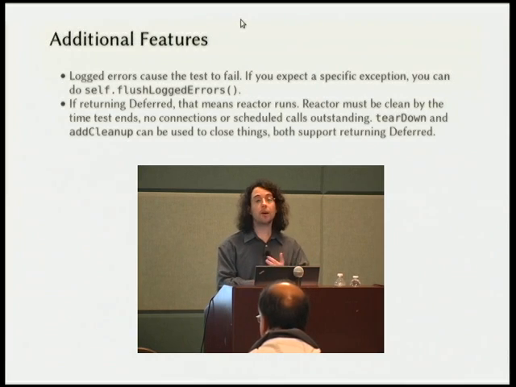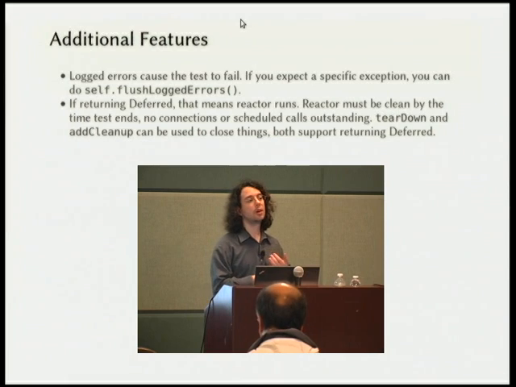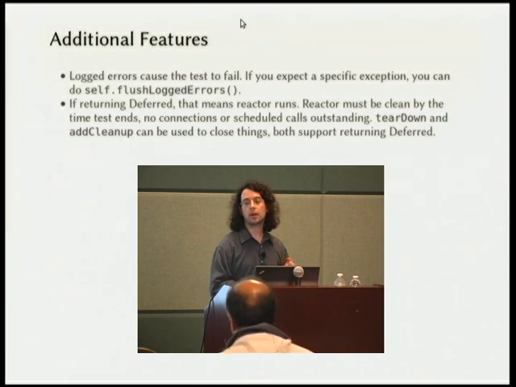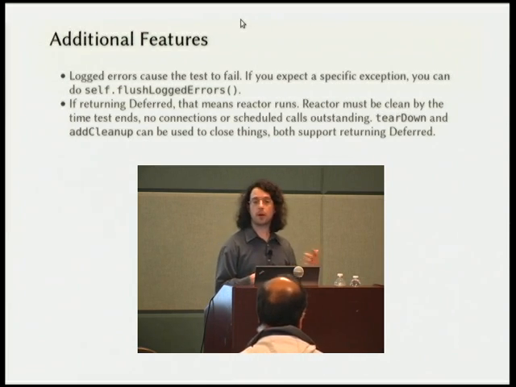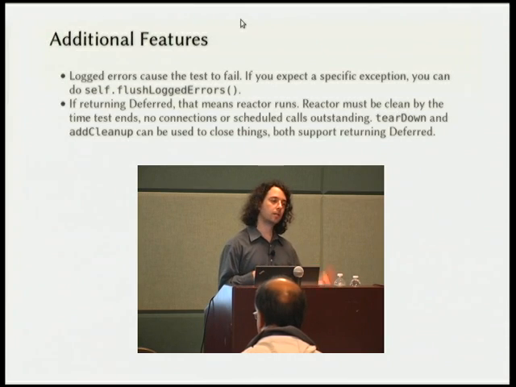But yeah, if you log errors in your test, they will make your tests fail, but sometimes you deliberately log the exception. For example, if you're testing what happens when you get bad data. And so you want to say, when I get bad data, I return this result and I log this exception.